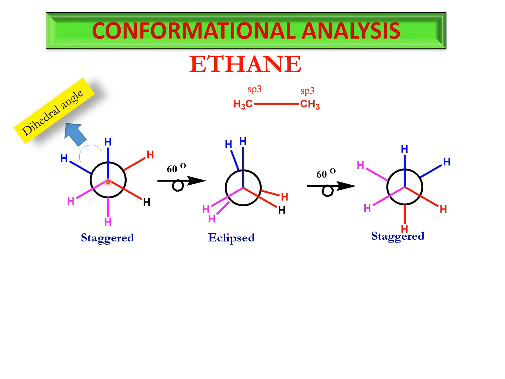Now in this case we have kept the front carbon fixed, so the hydrogens that are attached to this carbon do not change position through the process, and we rotate the rear carbon, the carbon that is shown with a circle, through different angles. So we keep this carbon fixed and we rotate this circle, or the rear carbon, through 60 degrees clockwise.